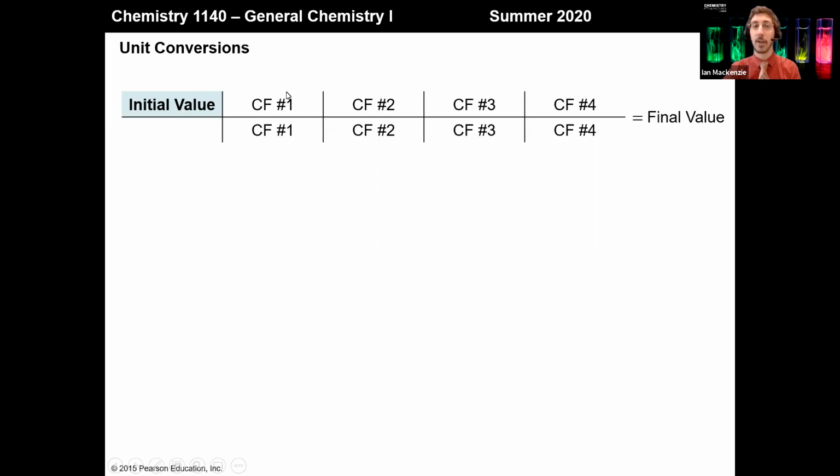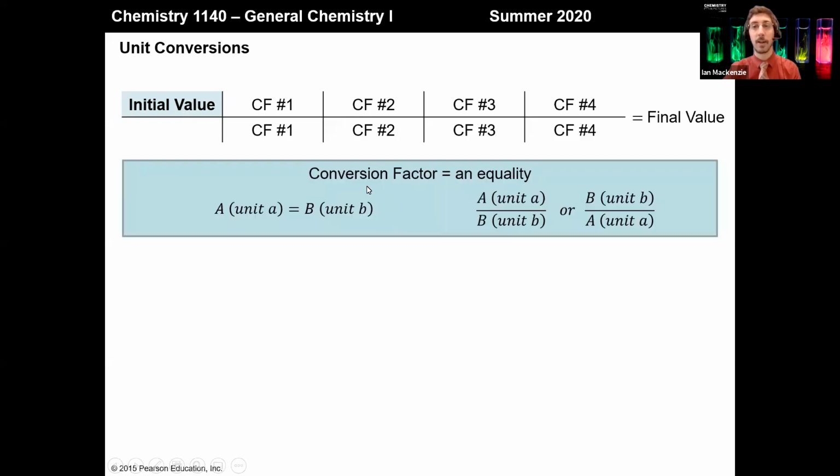The units for the top part of conversion factor 1 and the denominator of conversion factor 2 should cancel, and then the numerator of conversion factor 2 should cancel with the denominator of conversion factor 3, and so on and so forth, so that the last one I'm left with is conversion factor number 4. Again, a conversion factor is any equality, and I can write it as I need with the unit A on top or the unit A on bottom as needed.